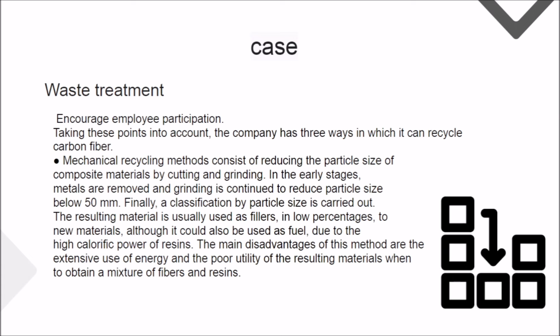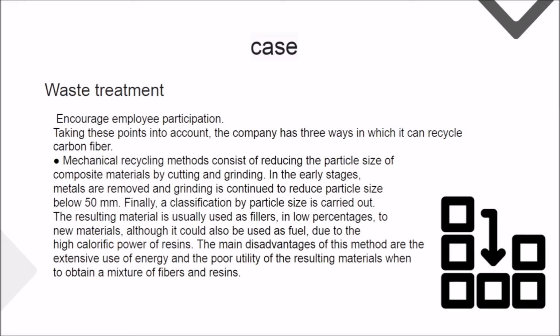Mechanical recycling methods consist of reducing the particle size of the composite material by cutting and grinding. In the early stage, metals are removed and grinding is continued to reduce particle size below 50, and finally classification by particle size is carried out.